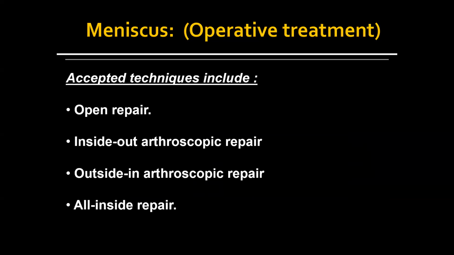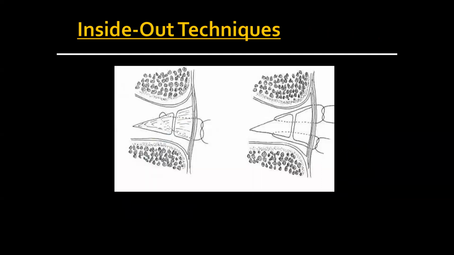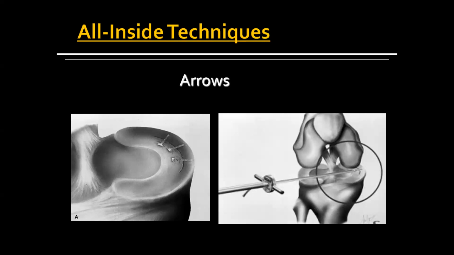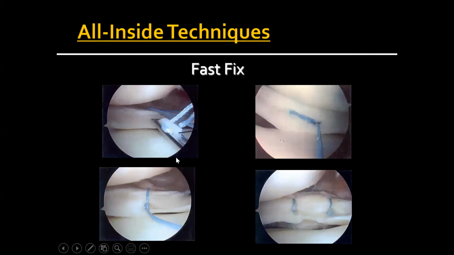Now, the standard is to do it arthroscopically. That's an example of an inside-out technique. Recently, we can use specialized meniscal sutures that can allow us to repair the meniscus using arthroscopy without doing any surgical incisions or open surgical approaches.